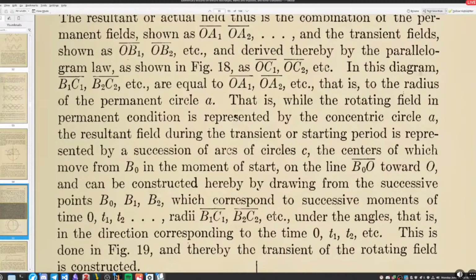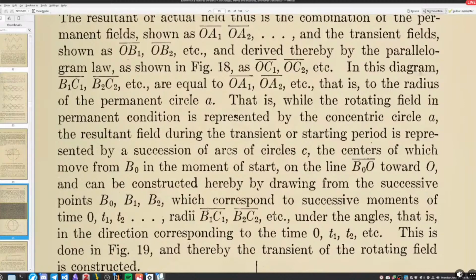While the rotating field in the permanent condition is represented by the concentric circle alpha, the resultant field during the transient or starting period is represented by the succession of the arcs of the circle C, the centers of which move from B naught at the moment of the start on the line B naught O toward O, and can be constructed by drawing from the successive points B naught, B1, and B2, which correspond to the successive moments of time 0, T1, T2, etc.